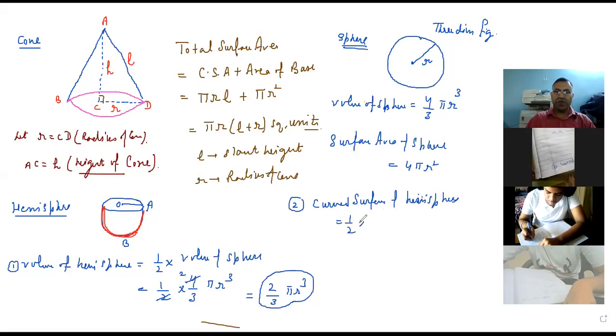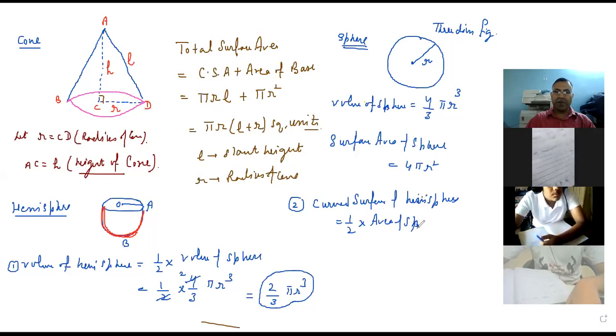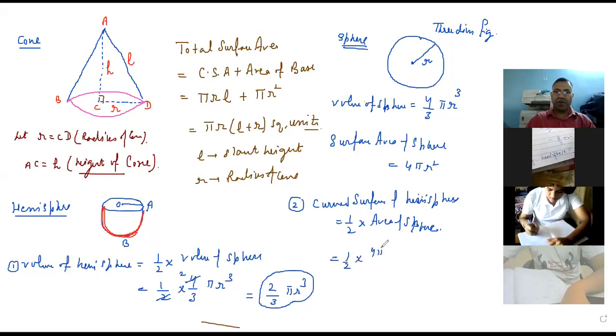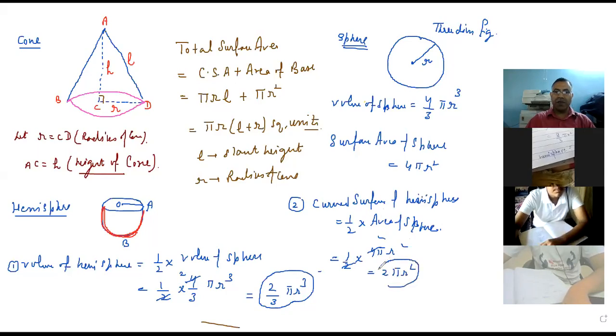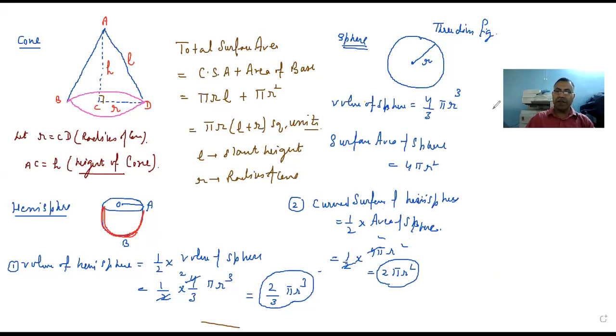This is half of the area of sphere, which is 2 pi r square. This is the curved surface area, which is marked with the red line.